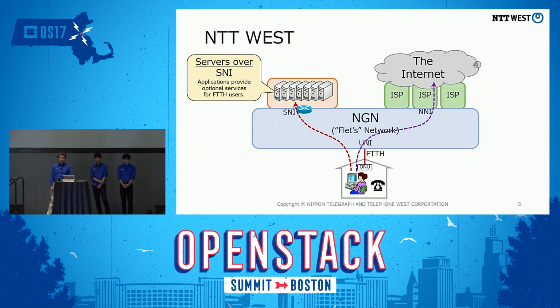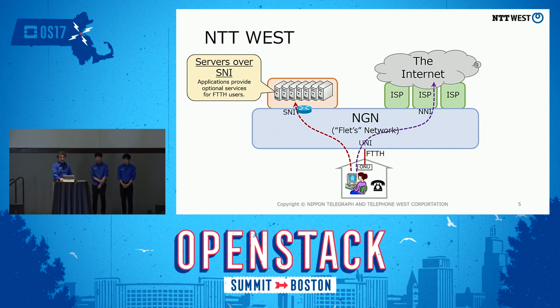In order to provide these services, we set up and operate a lot of servers that we use in the NGN. The outline of this system is as shown in this picture. And Flex is the brand name of the FTTH service that we offer.